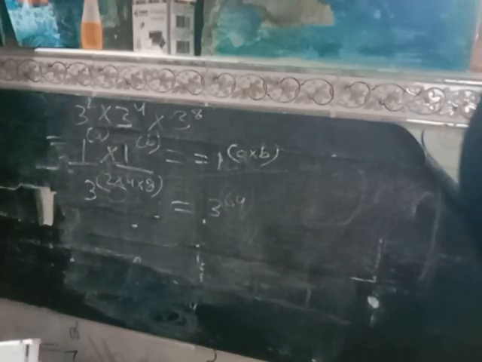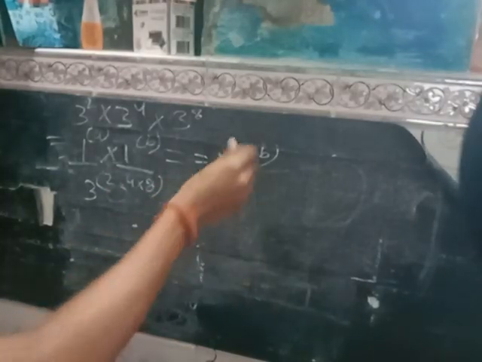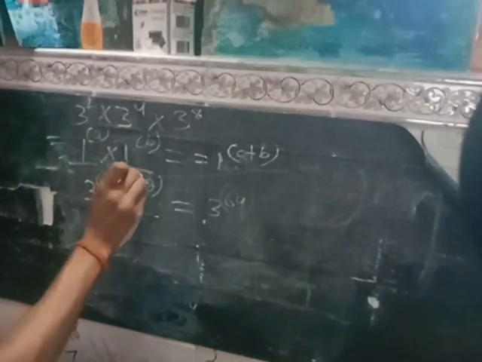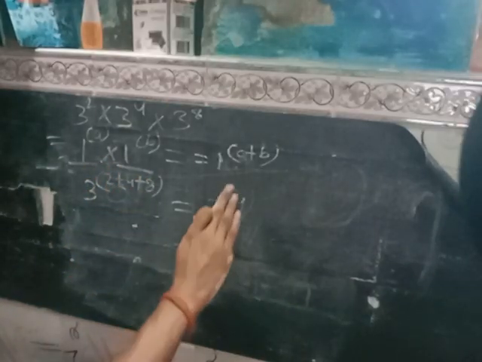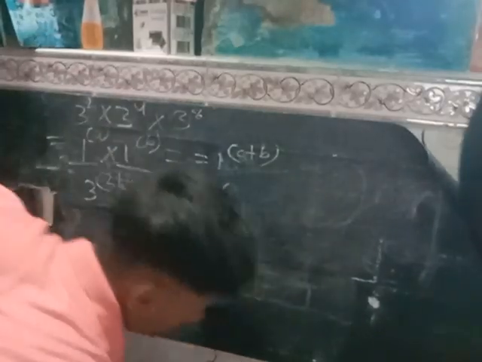Wait for a second. Sorry. Yeah, here it will not be multiplication. Here it will be addition. That's why I thought that it was wrong. So it will be 14, 3 raised to the power 14.